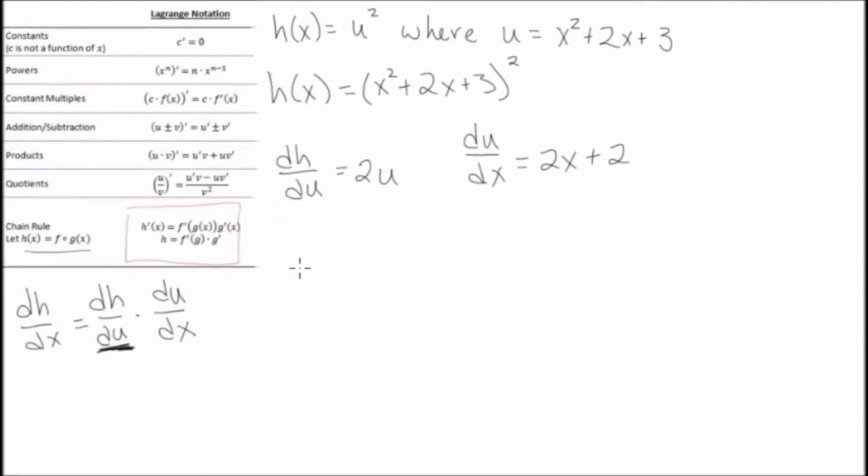So the final step here, if you wanted to find the derivative of h with respect to x, would be to take 2 and then substitute in for the u, x squared plus 2x plus 3, times your derivative of u with respect to x, 2x plus 2.